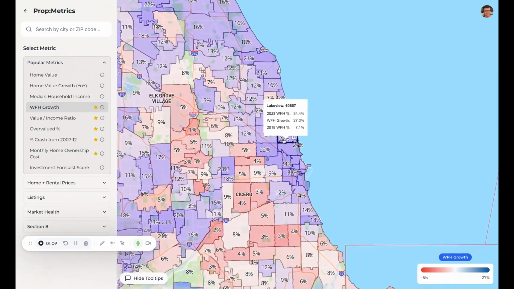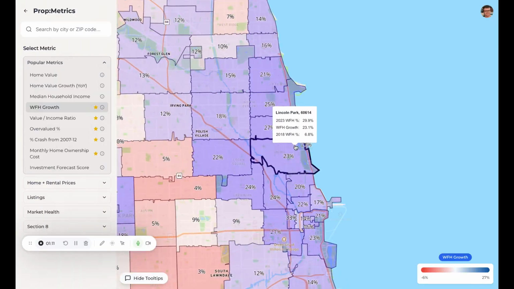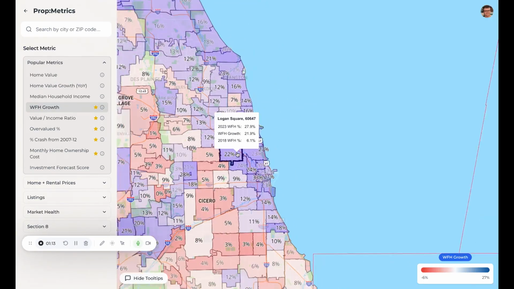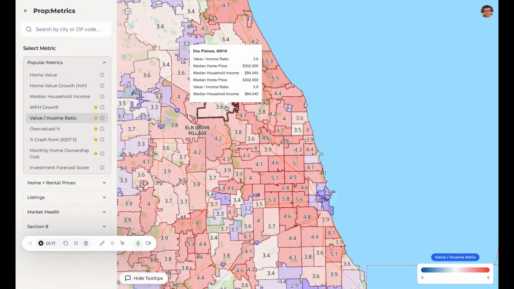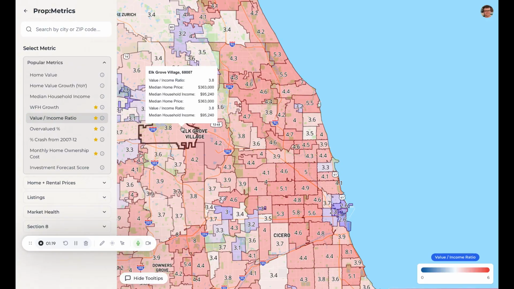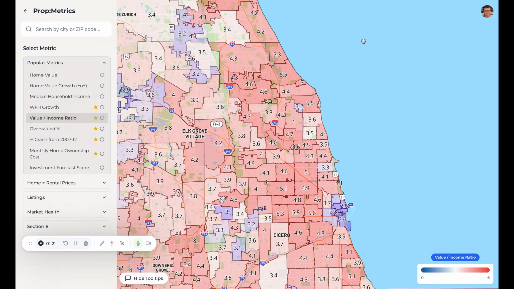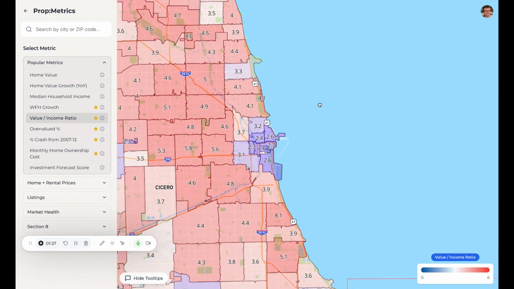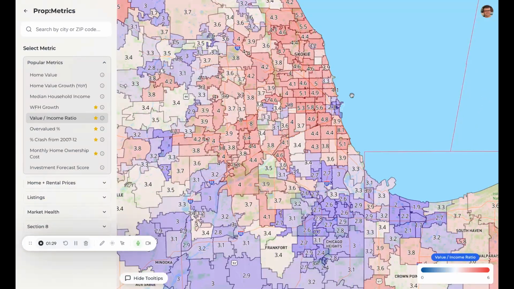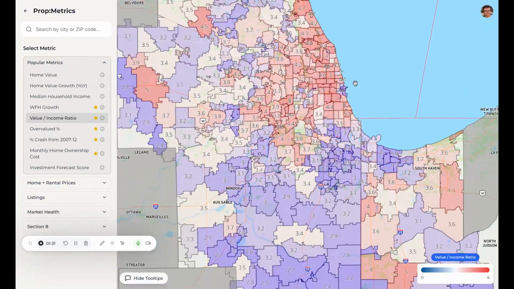The most growth in work from home is people who live right next to where the jobs are. Fascinating stuff. You can look at the value to income ratio, right? This is dividing the median home price by the median household income. So you can get a sense of just how overpriced things are relative to incomes.